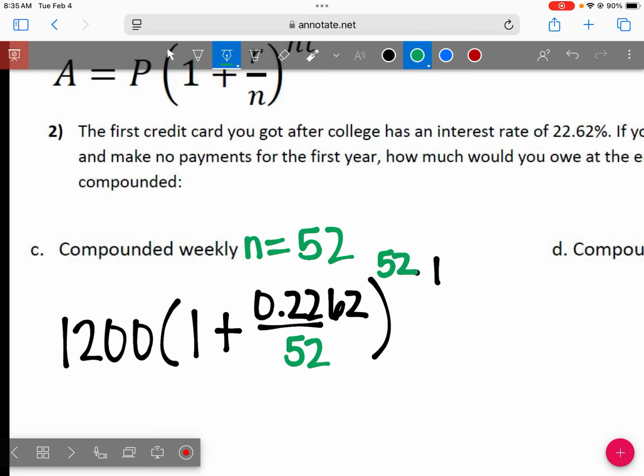And the 52 has to be an exponent. Some of you all are not making it an exponent. To make it an exponent, you hit the button under pi. It looks like an upside down V. Go ahead, type that in.